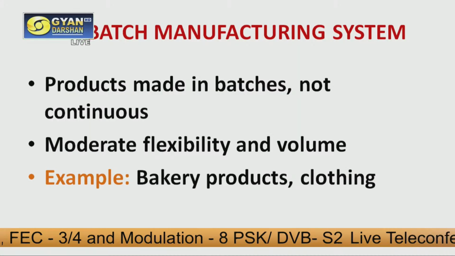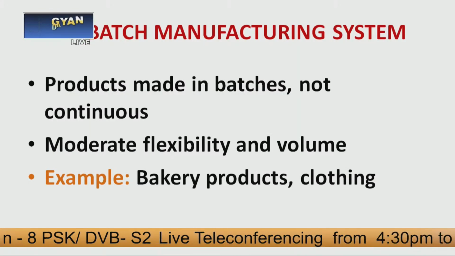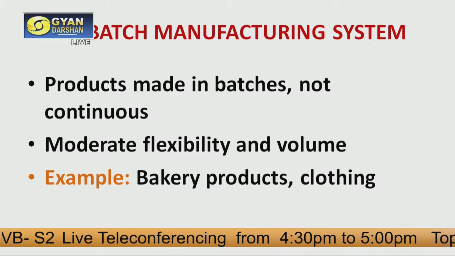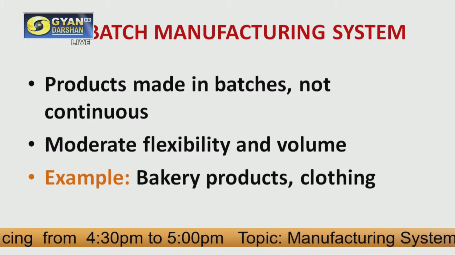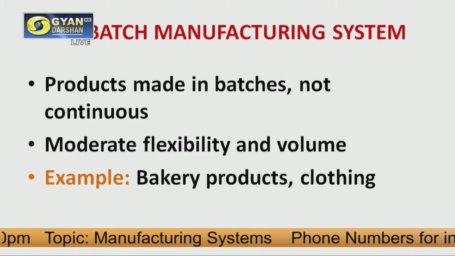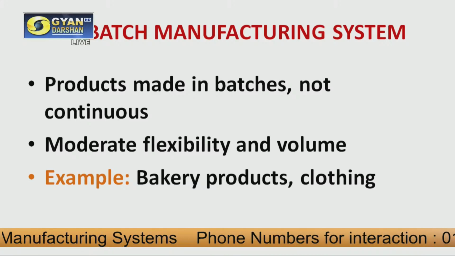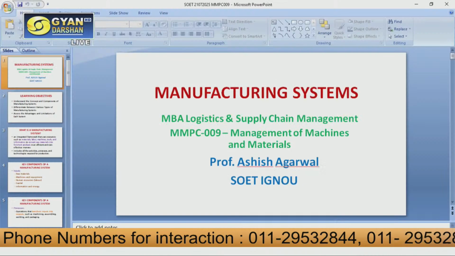Another type of manufacturing or production system is the batch production system. Here the products are made in batches, but they are not continuous. Here the flexibility is moderate, less than in a job shop production. Similarly, volume is slightly higher.